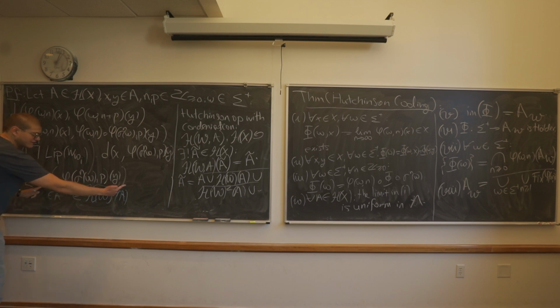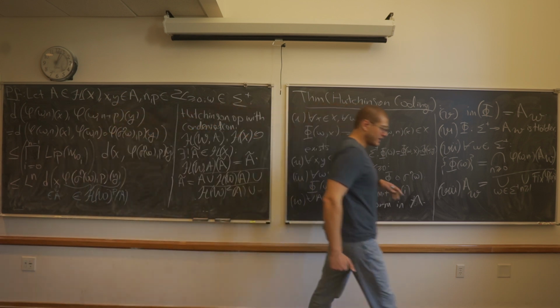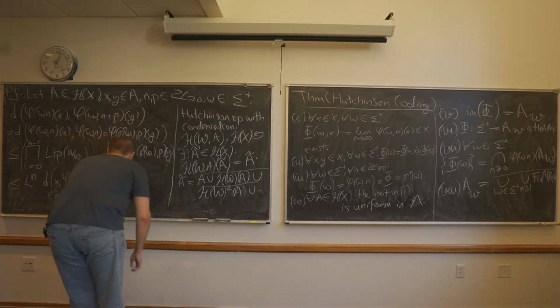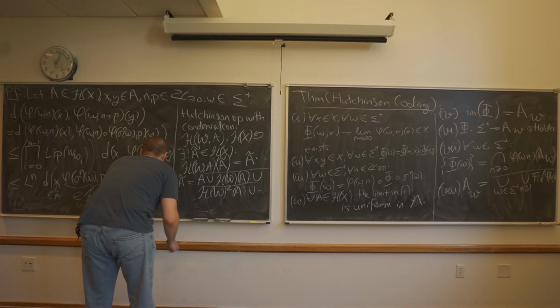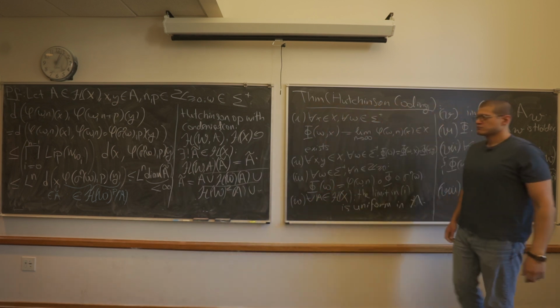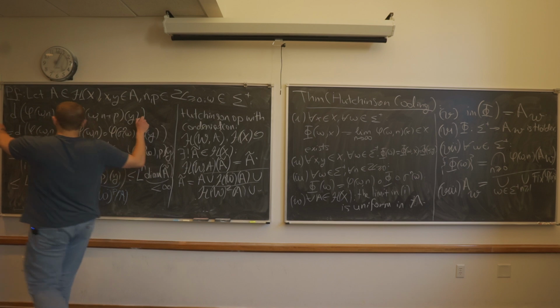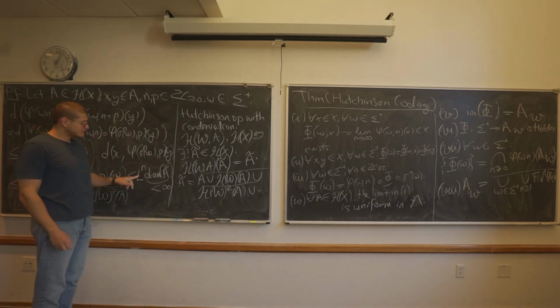Which means that this distance between these 2 points is bounded by the diameter of A tilde, which is a finite number because A tilde is compact. In particular, it is bounded.